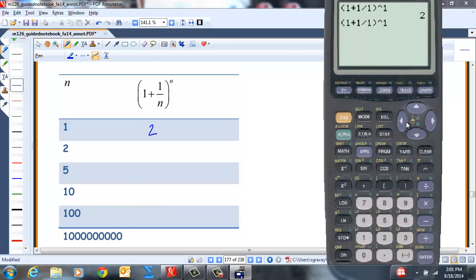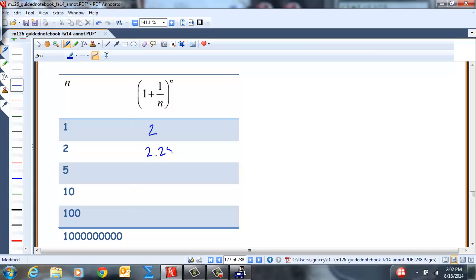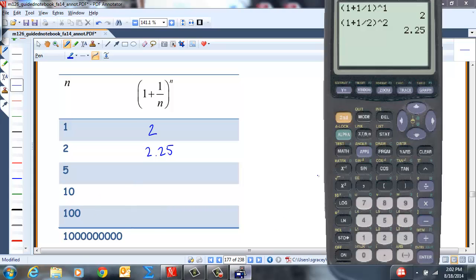And then plugging in 2 for n, we now get 2.25. And then starting to get bigger here. Plugging in 5 for n, we'll have 2.48832.